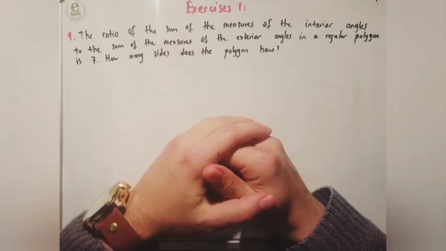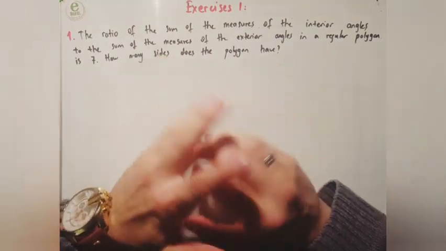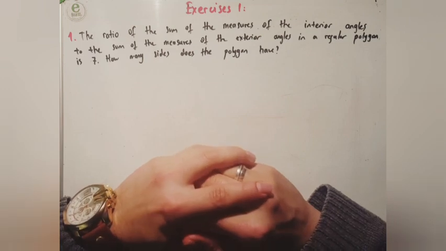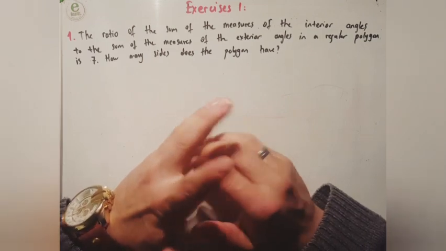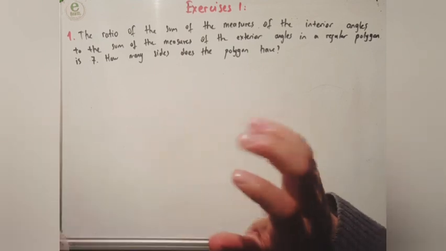Look at the first one. The ratio of the sum of the measures of the interior angles to the sum of the measures of the exterior angles in a regular polygon is 7. How many sides does the polygon have?